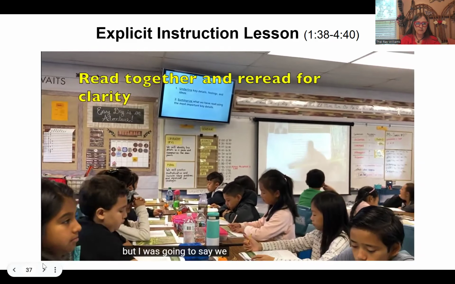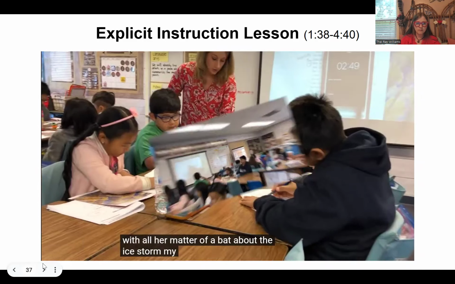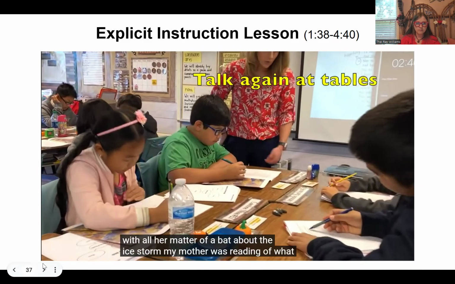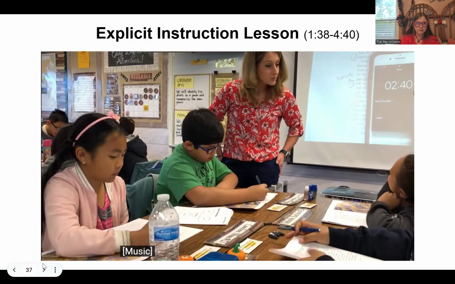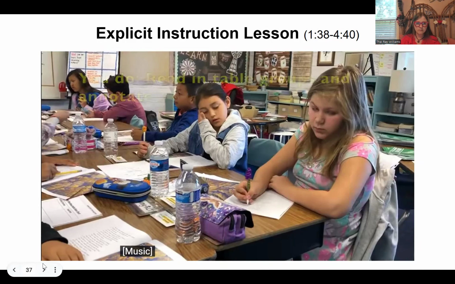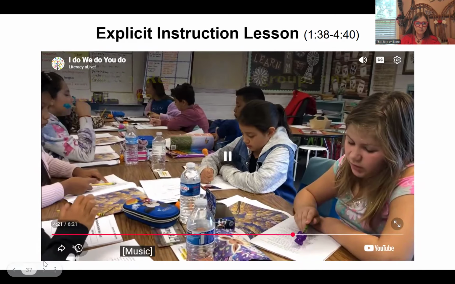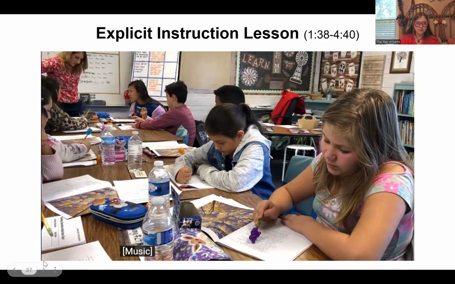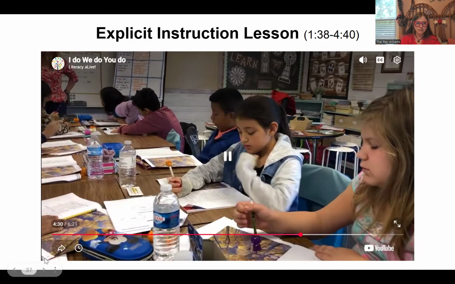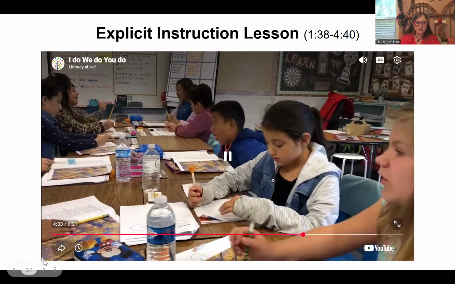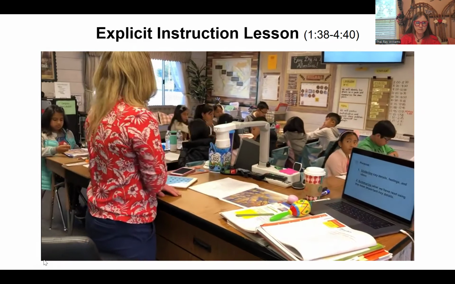"But I was going to say, when truth broke in, with all her matter of fact about the ice storm," so I'm really going back to the dreaming of what he is dreaming of. I like it. "So was I once myself a swinger of birches."